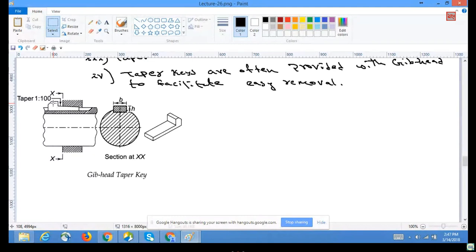So these are the different types of sunk keys that are available. But there are other types such as feather key. Let us see the feather key.